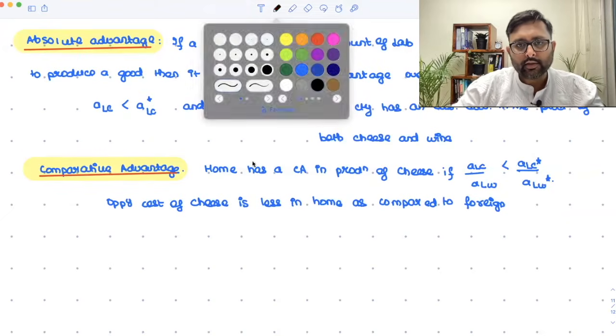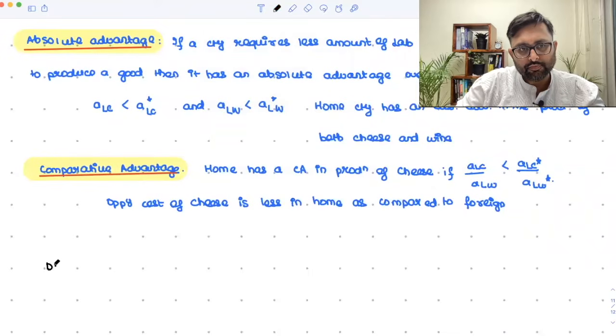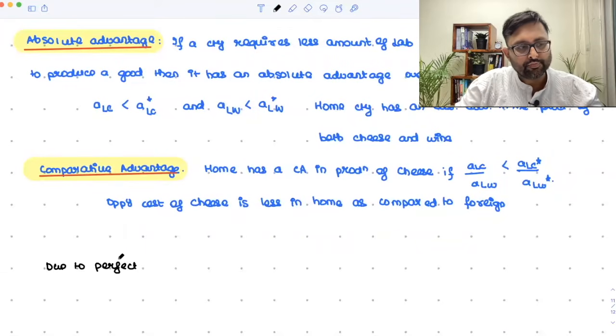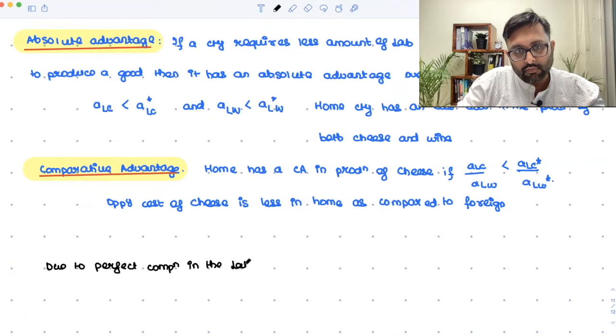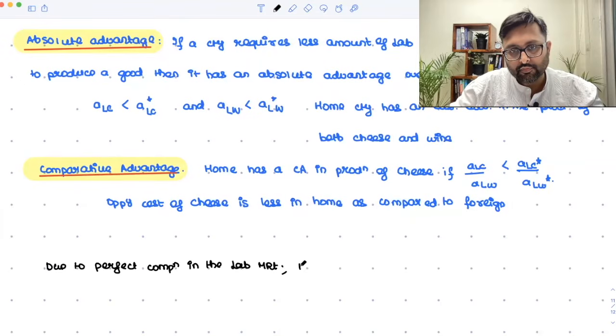You can also write it this way: due to perfect competition in the labor market, wages in the cheese industry would be equal to the value of marginal product of labor in the cheese industry.